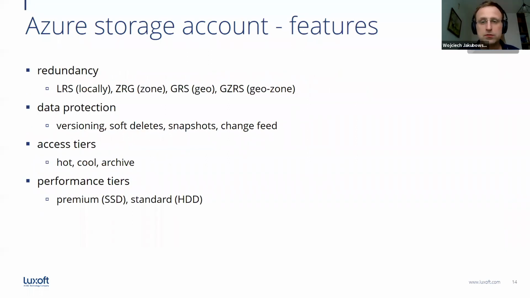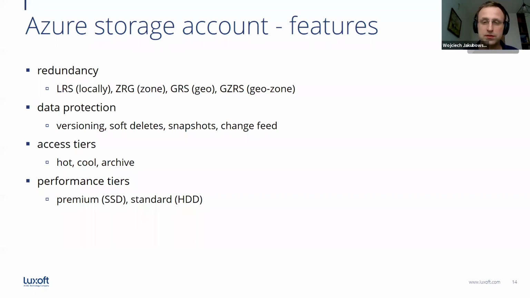There are also multiple features that are common to storage account as a whole for all 4 service types, including blob and table storage. And these are redundancy options. There are quite a few of them. So we have locally redundant, which is data replicated to multiple machines inside one data center. And this feature is called availability set.